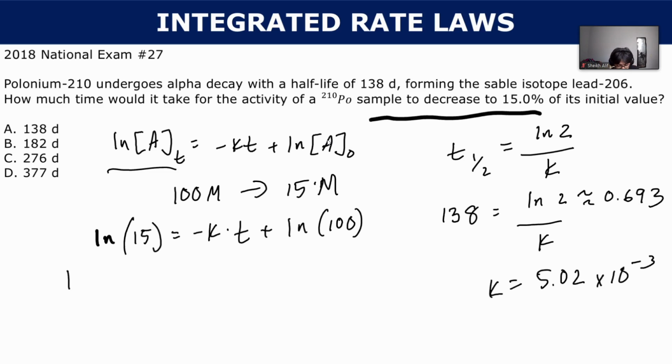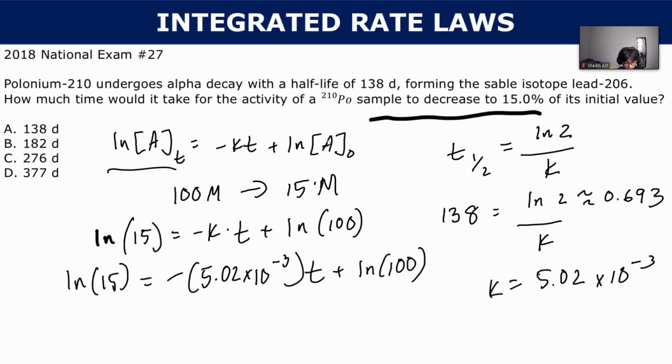And so what we can do now is plug that all into our equation: natural log of 15 equals negative 5.02 times 10 to the negative third times time plus the natural log of 100. And if you solved all this out, you would get that time is about 377. And since our unit for time here was days, it would be 377 days, which is answer choice D. And that is, in fact, the correct answer.